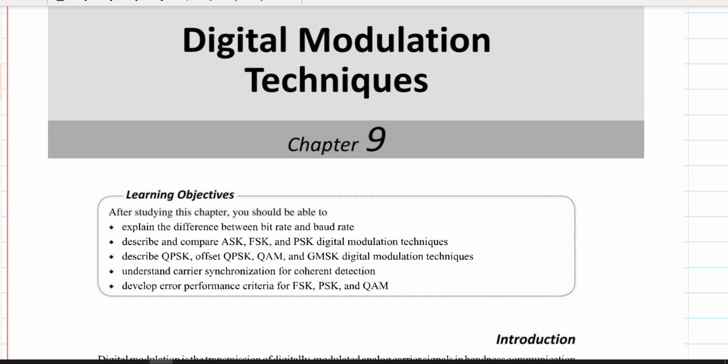So we are going to be discussing QPSK, OQPSK, which is also called offset QPSK, quadrature amplitude modulation, that is QAM, and Gaussian modulation, GMSK. GMSK is for Gaussian minimum shift keying.